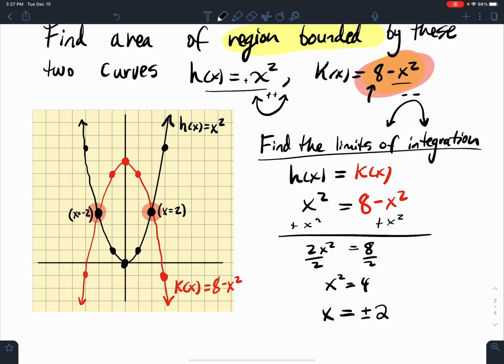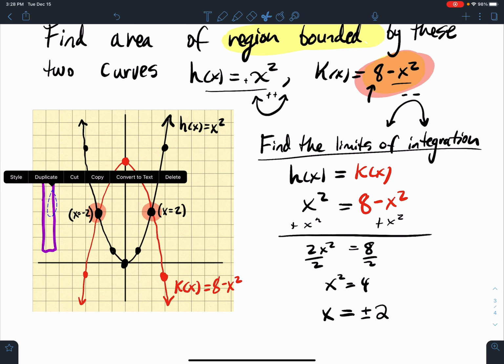And I suggest doing x easy because when I draw my rectangle, I can see here that the top is always the top and the bottom is always the bottom as I pull my rectangle through. Now, just imagine for a second if you drew it y easy. What is the left versus the right?